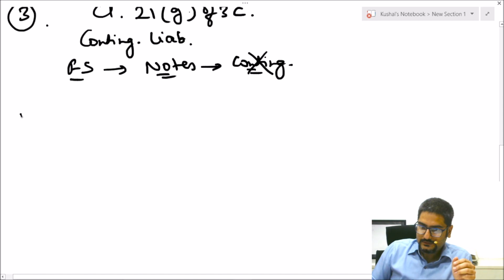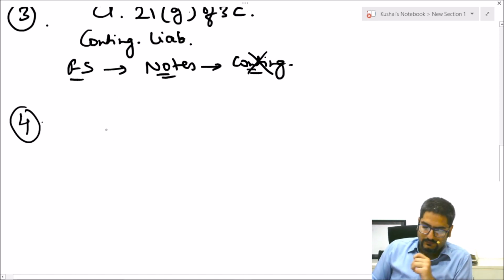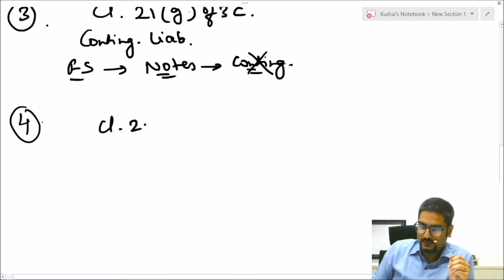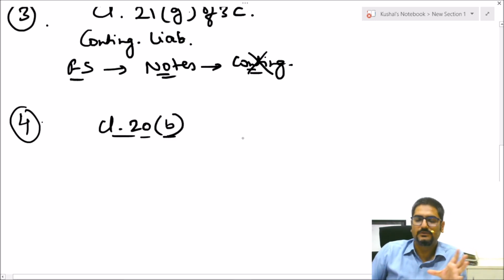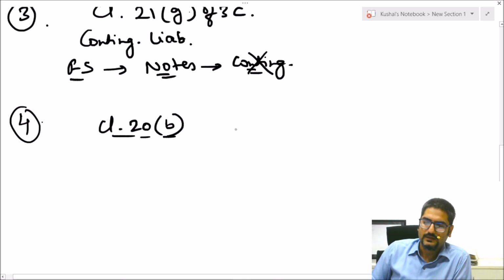Next item is that we found common mistakes in clause 20B, one of the most discussed and most painful clauses of the tax audit report, which requires reporting of payment of employee contribution.